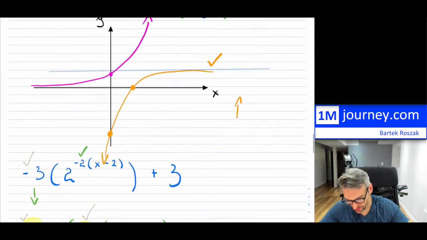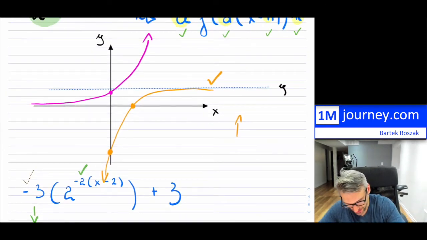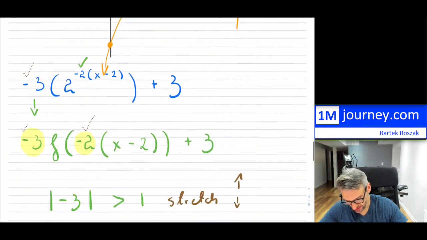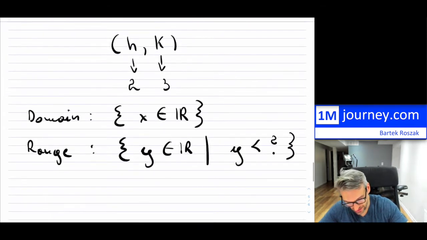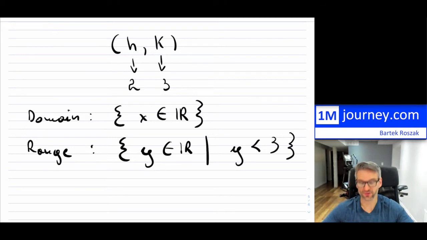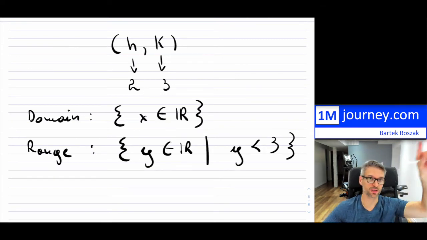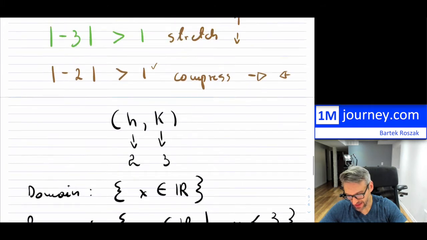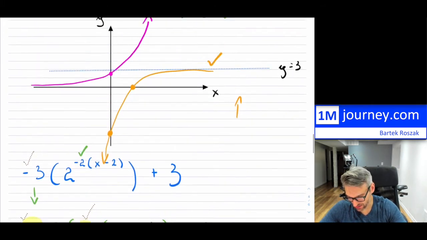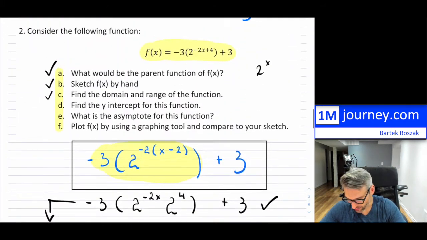So that asymptote must happen at y equals 3. For our range, this has to be less than 3. It can be anything, but it never crosses that 3. It's going to be approaching it. And that's just understanding these exponentials.